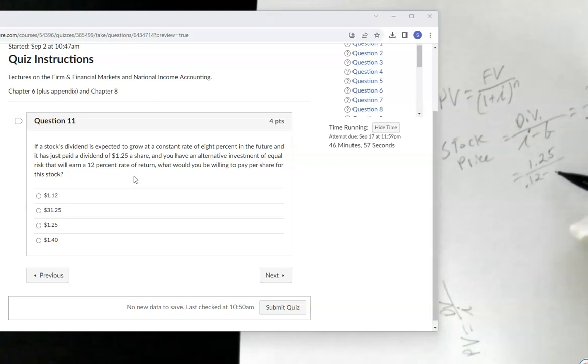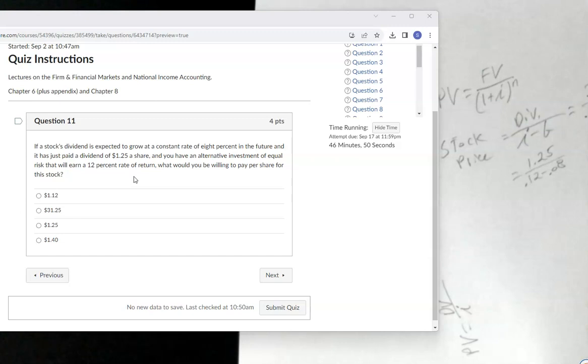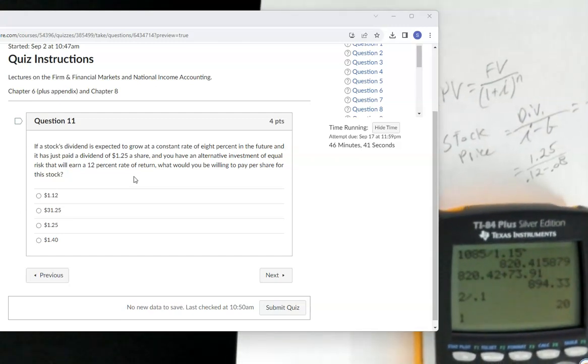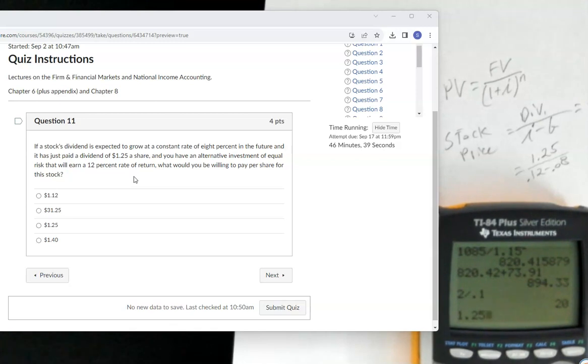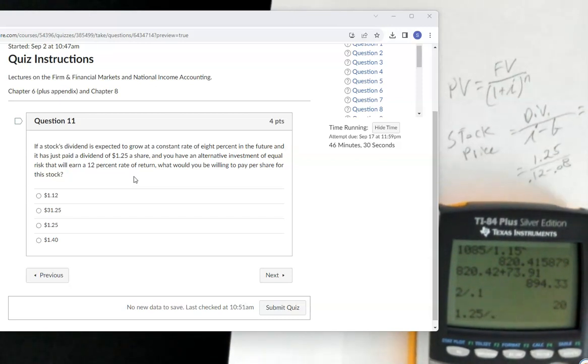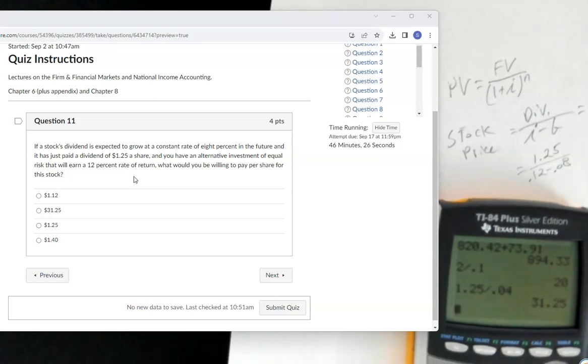And then we're going to subtract the growth rate, which here it says is expected to grow at 8%. So we put 0.08. Now we do our math. We're going to take 1.25, we're going to divide that by, and again, we can do the denominator math ourselves. 12% minus 8% is 4%, so we put 0.04, and we get a value of 31.25.